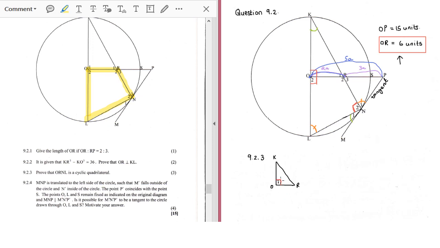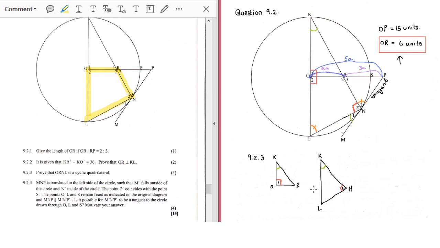This is the first one: I have a 90-degree angle at O1, and angle K is common in both of these triangles. The second one is this larger triangle.